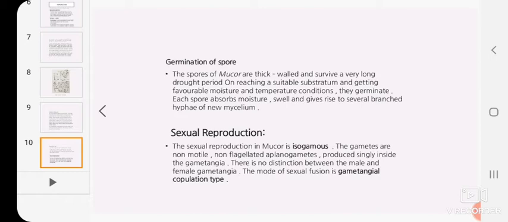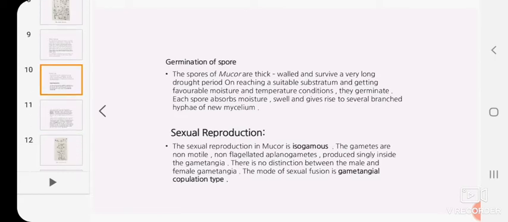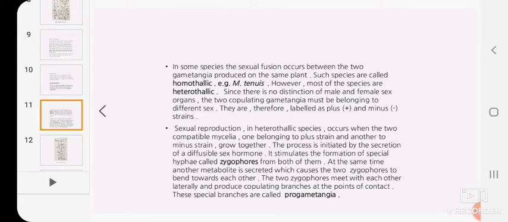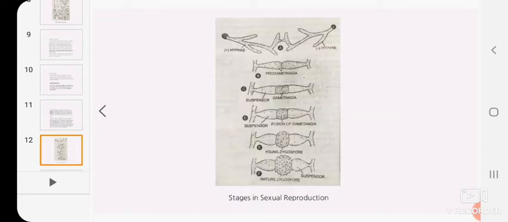Now this process of sexual reproduction is initiated by the formation of sex hormone. And what happens is that the two mycelia which belong to the different strains come together and they develop special hyphae known as zygophores. Now you can see all this in the diagram also.